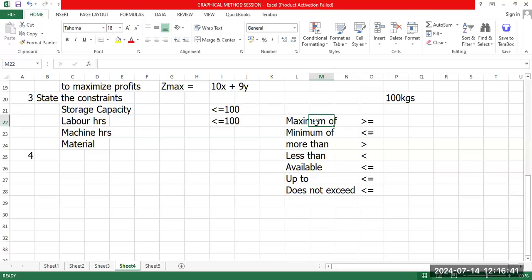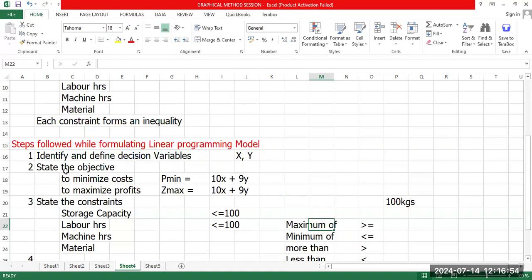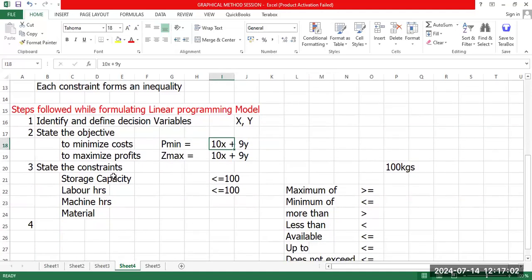Without that inequality, that one cannot be a constraint, because that inequality is just a limiting factor altogether. When we are stating our objective, we don't put inequality anywhere. We only put inequality when we are dealing with constraints.